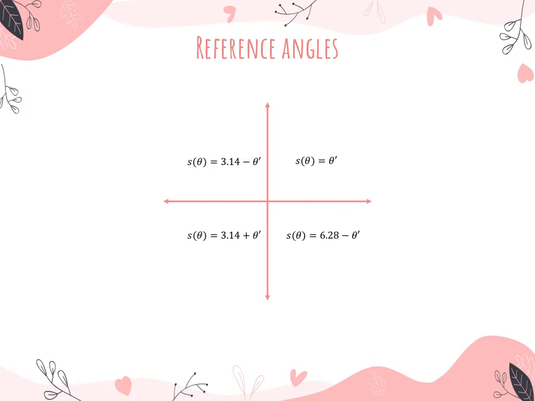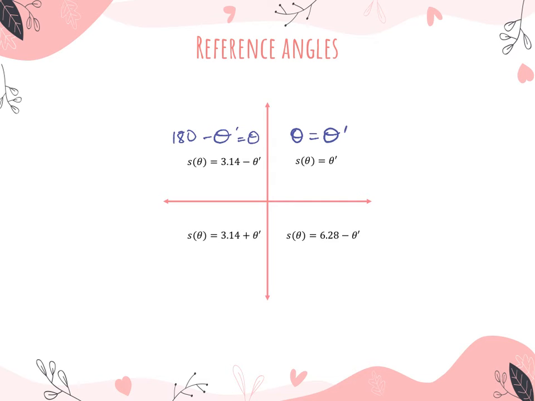Okay, so we talked last chapter about reference angles dealing with degrees, right? We said if something was in the first quadrant, then its reference angle was whatever it is. 30 degrees, reference angle is 30 degrees. If something was in the second quadrant, we did 180 minus that angle.